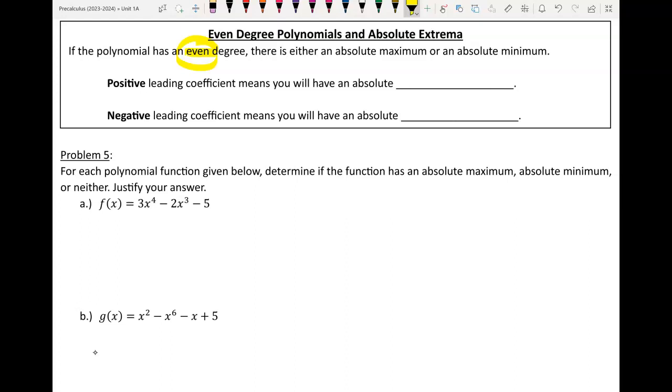If it is an even degree, then there is an absolute maximum or absolute min. We can say that it exists. It exists. There is one. We can guarantee that there is an absolute max or an absolute min. Not both, but one or the other, if we have an even degree.